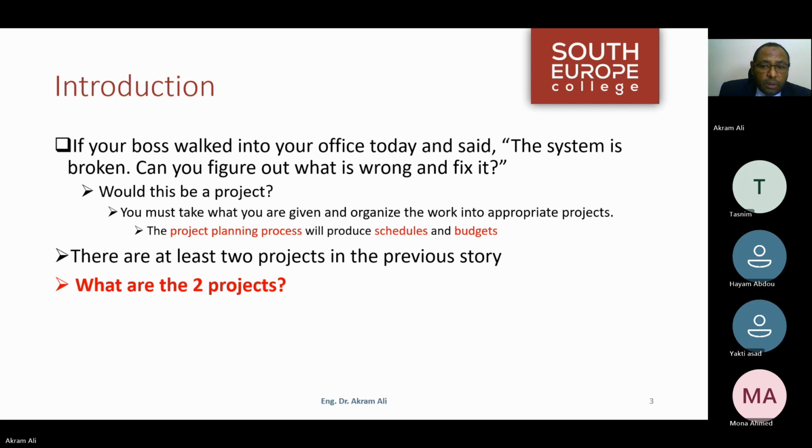But if I want to be an effective project manager, I should have the ability to distinguish the proposed or the requested work. So in the previous example, we have at least two projects.